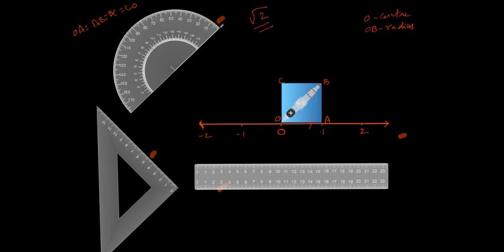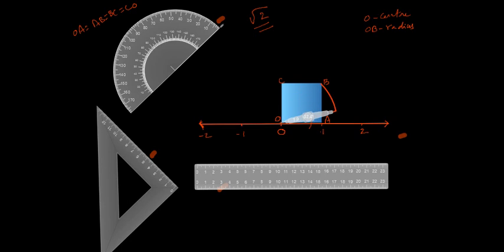You take a compass and put it like that, and you draw an arc to intersect the number line. Once again you observe it.